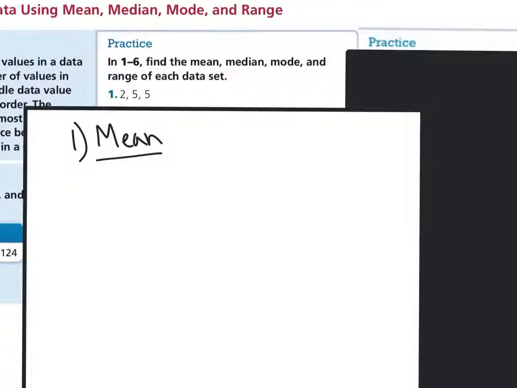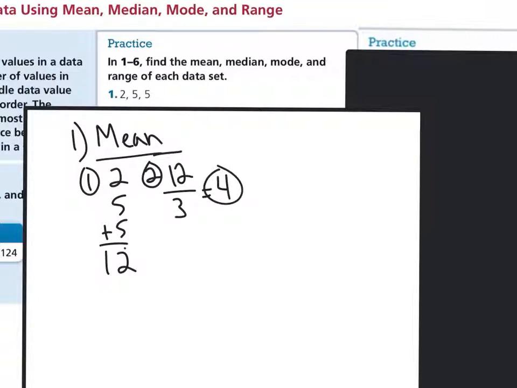If you're doing several things like this, make sure you label them separately so you don't just have a bunch of work and nothing labeled about what you actually did. So we add those up as 12. 12 divided by 3 is 4. So the mean would be 4.